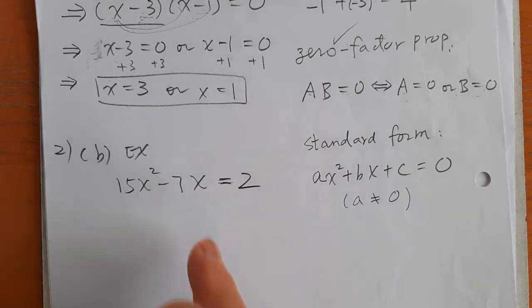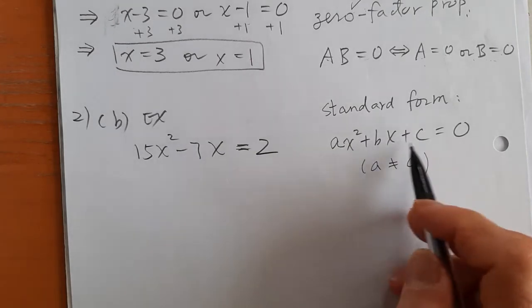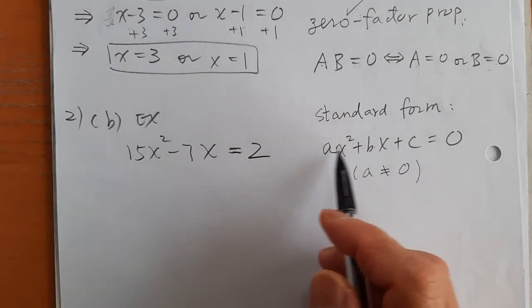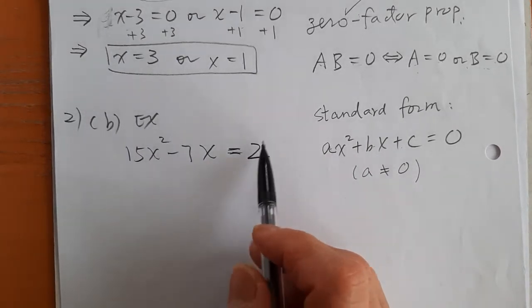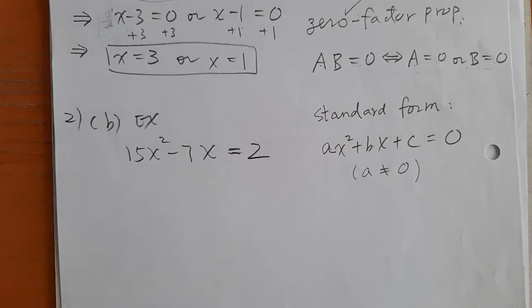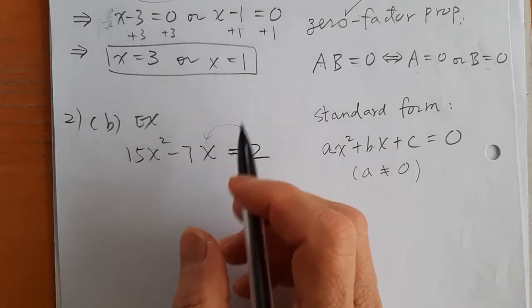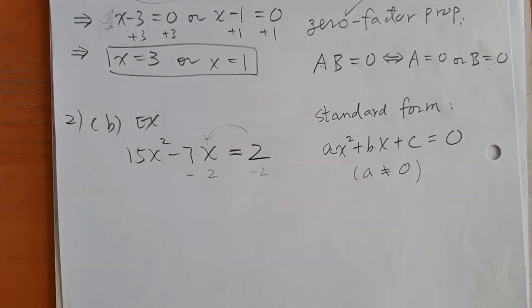So like this one, first of all, we have to put it in the standard form, which is all three terms on the left side of the equal sign. The right side needs to be 0. So you move this 2 to the left, change the sign, using the subtraction property, minus 2 both sides.